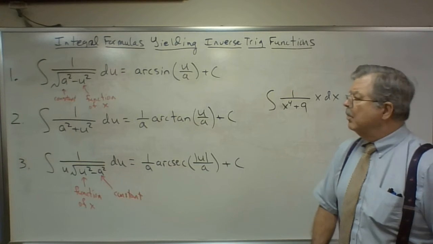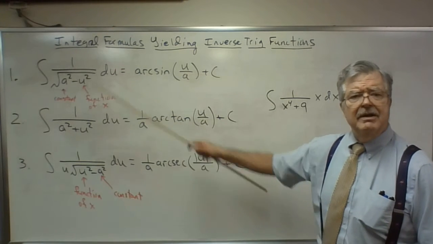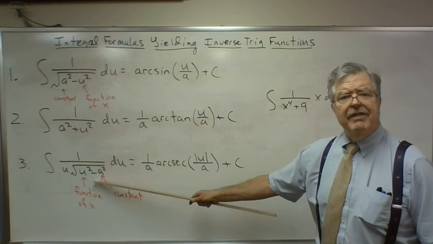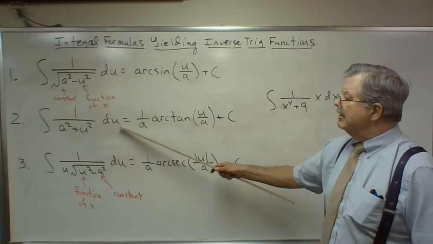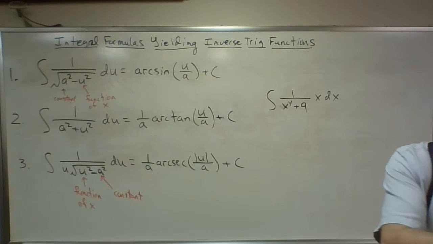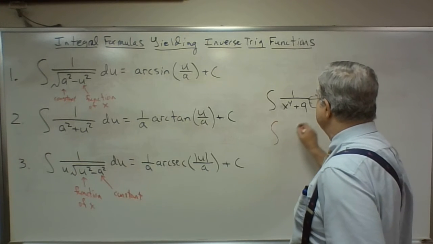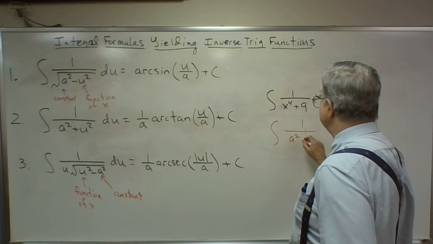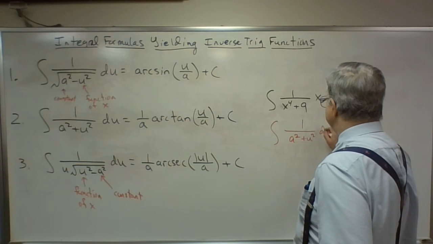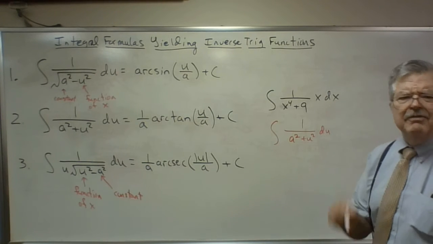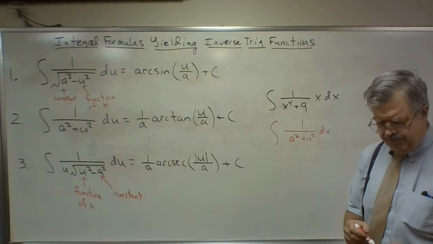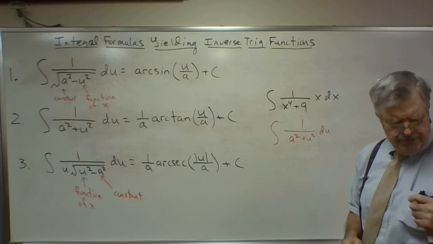And you might say, well, we couldn't do that for this one, and we couldn't do that for that one. Why can we all of a sudden now turn things around and say that this is the integral of 1 over a squared plus u squared du? What gives us the right to do that? And the answer is this.